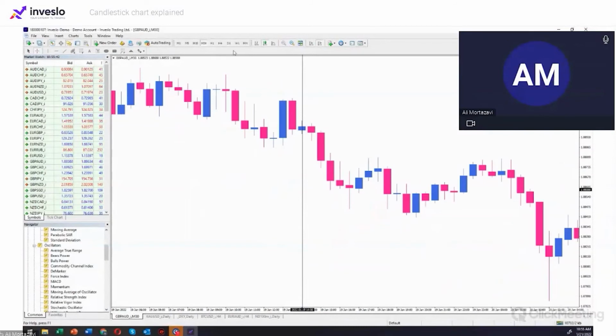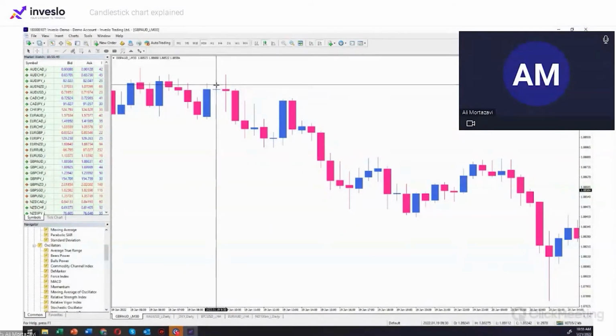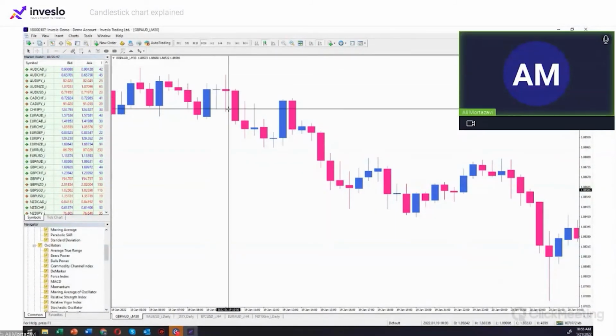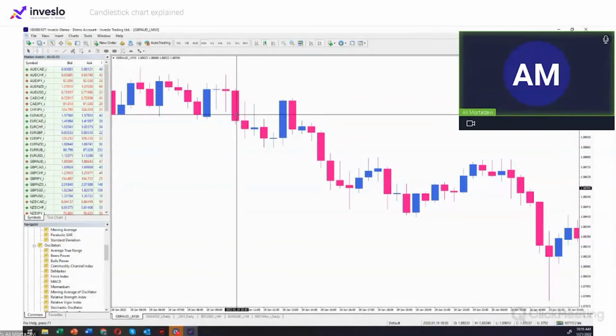Let me zoom in a bit. You see, when you see two dojis coming after each other, it means the market is in an indecision phase, so it's better to wait to see if one side can overcome and take control.